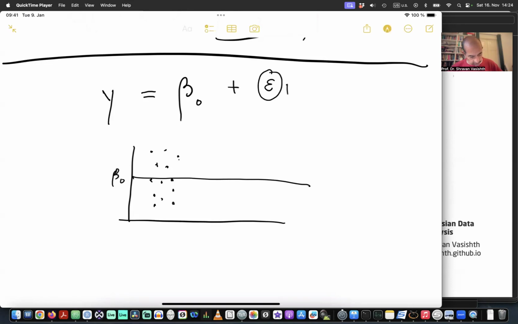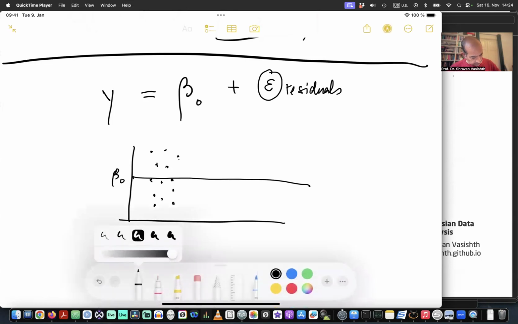These are the residuals in this linear model, which are telling us the distance from the estimated beta parameter, right?